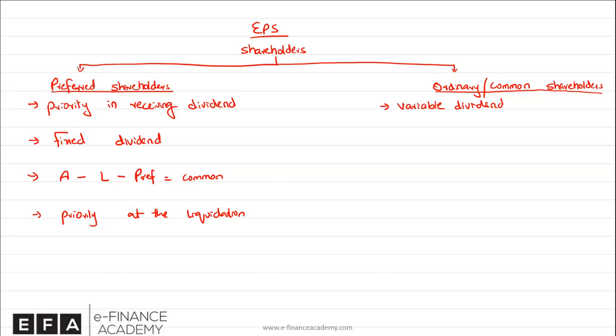After all the expenses have been paid, after interest has been paid, after preferred dividend has been paid, then they get the dividend. Not only that, at the time of liquidation, they get their stake only after all creditors or liabilities have been paid and preferred shareholders have been paid.